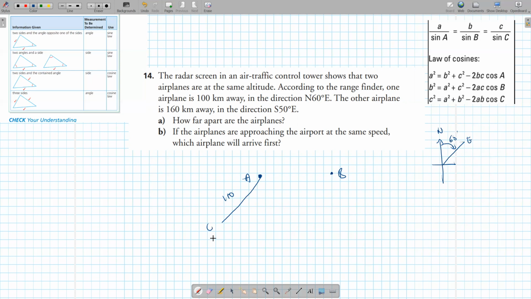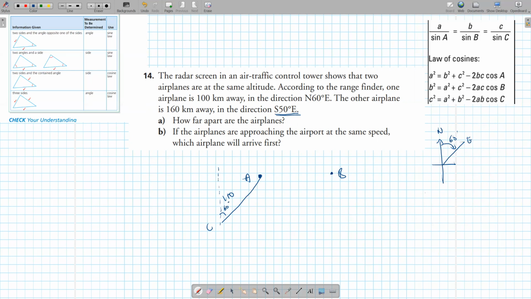What about the other one? The other airplane is 160 kilometers away in the direction of south 50 degrees east. Now, what is south 50 degrees east? Where do we go first for this one? South, yes.